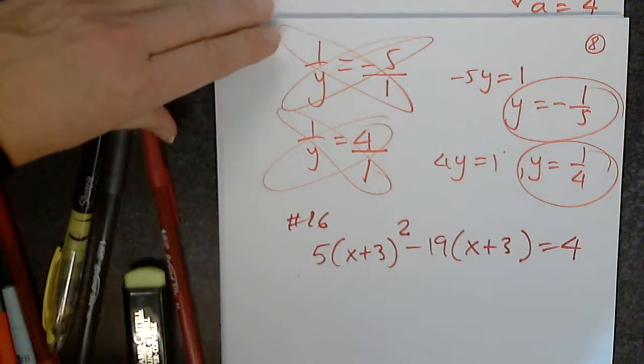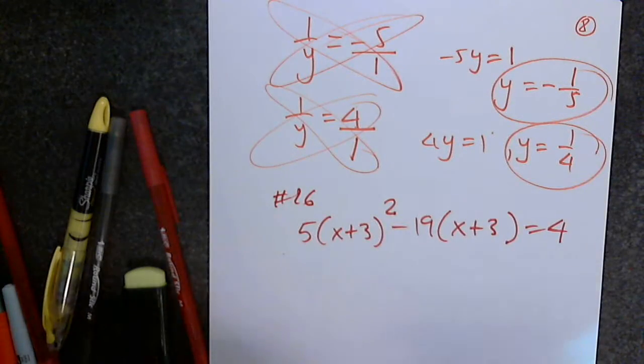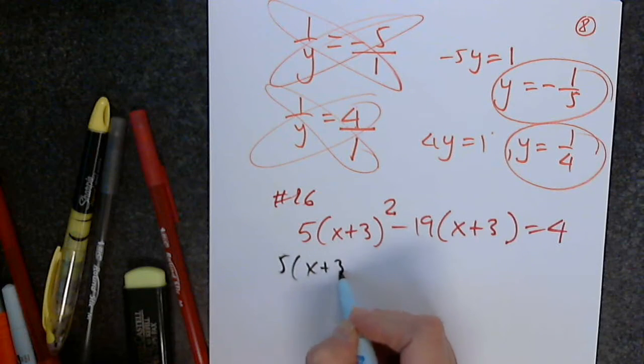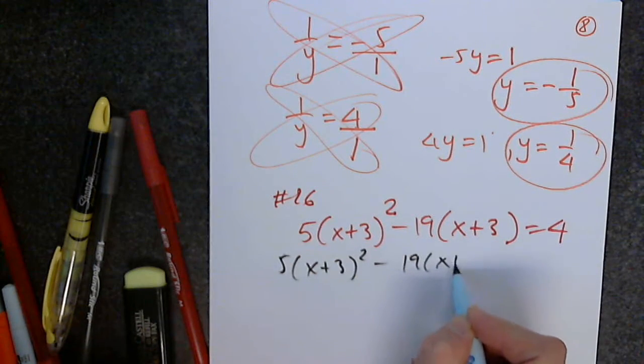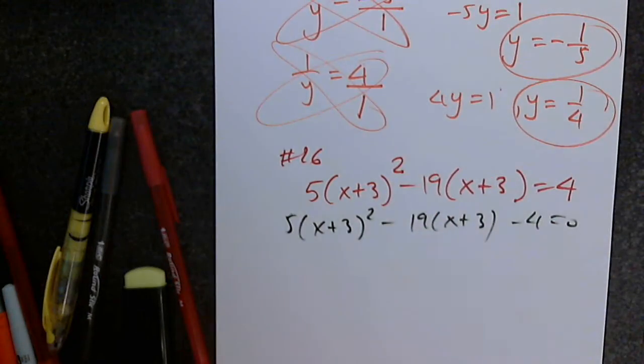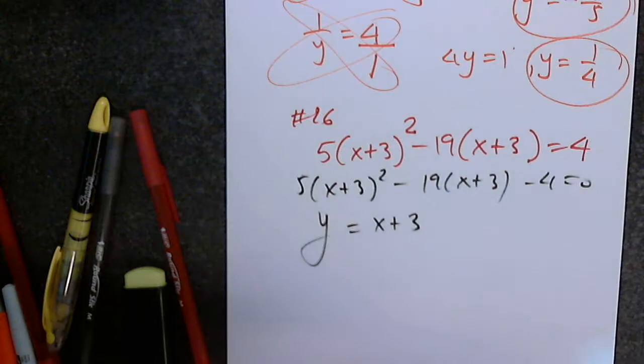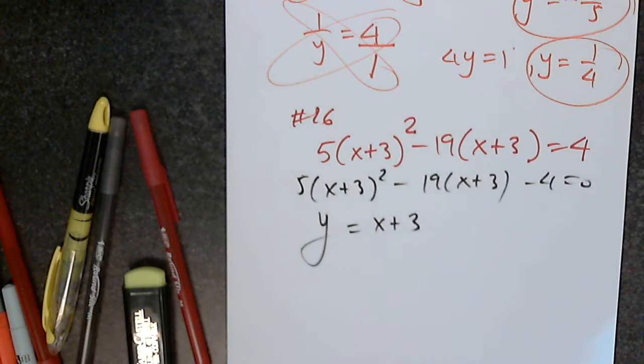Can anyone get us started, please? Okay, subtract 4. So 5 times quantity x plus 3 squared minus 19 times quantity x plus 3 minus 4 equals 0. Say it again. Excellent. Let y equal x plus 3. Good. That's a starting point. Thank you. 1 minute from now.